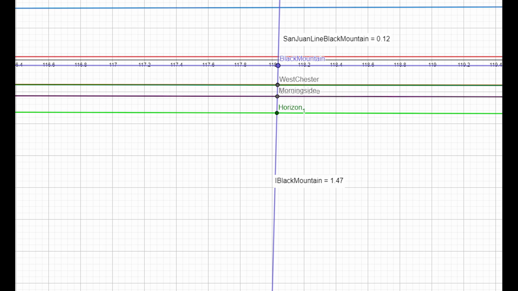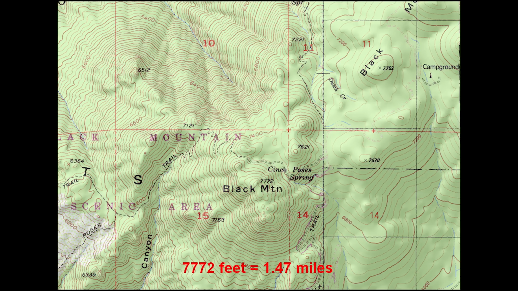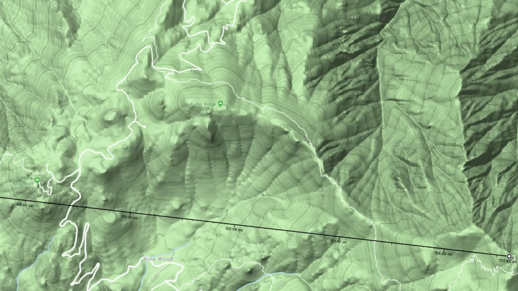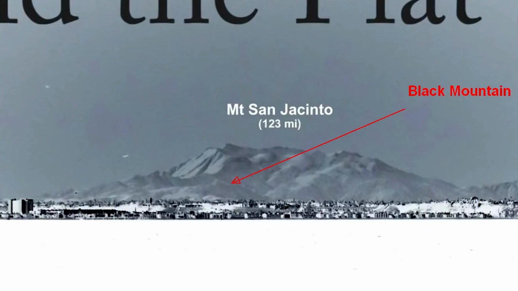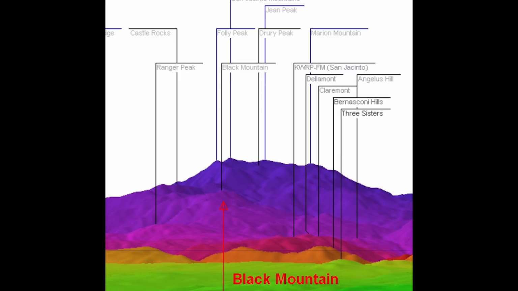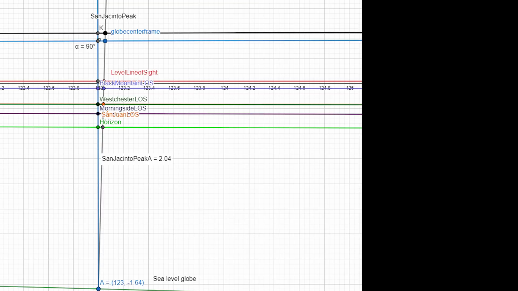Black Mountain. Distance 118 miles. Elevation above MSL 7,772 feet equals 1.47 miles. San Jacinto Peak. Distance 123 miles.